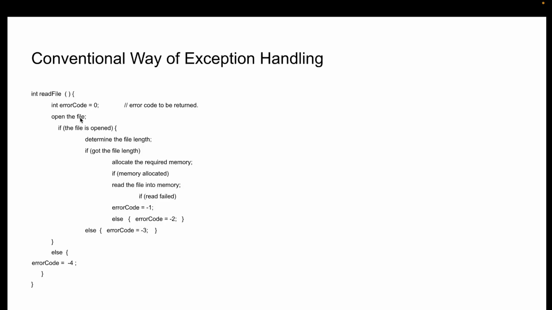When the file is opened, we determine the file length. If we have got the file length, we allocate the required memory. And if the memory is allocated, we read the file into memory.